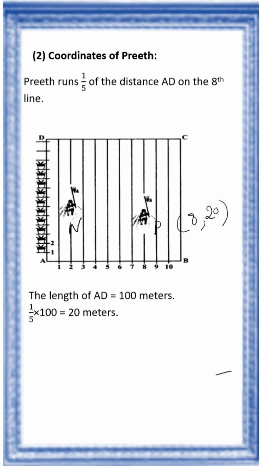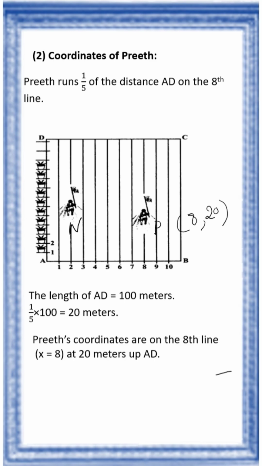I am explaining the things, that's all. The length AD is equal to 100 meter, 1/5 of 100 that is 20 meter. Preet is on the 8th line, x is equal to 8, at 20 meters up AD. So coordinates of Preet are 8, 20.